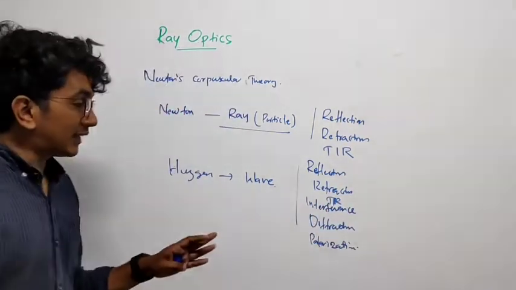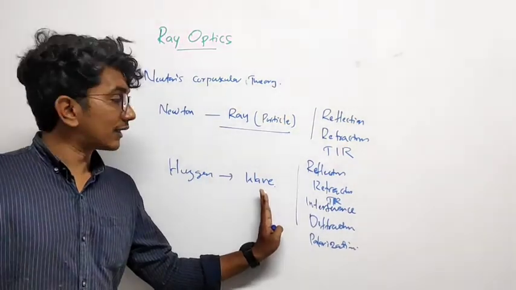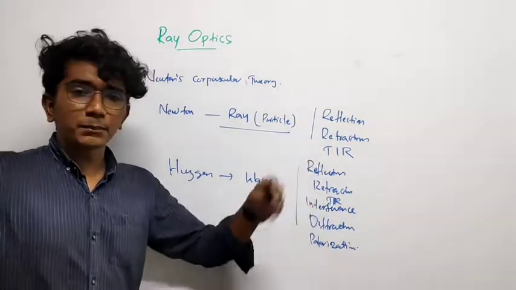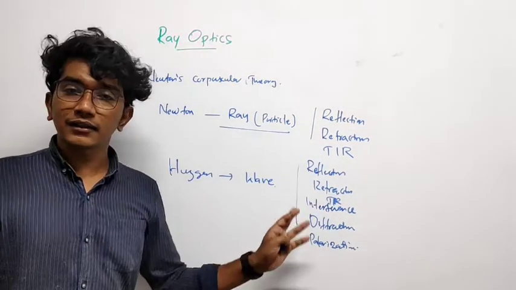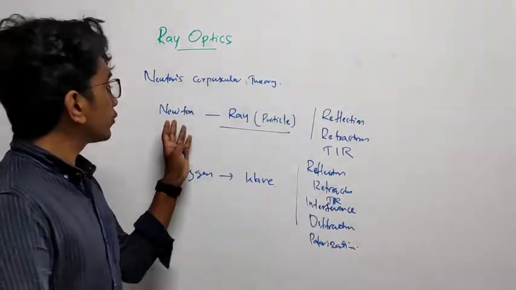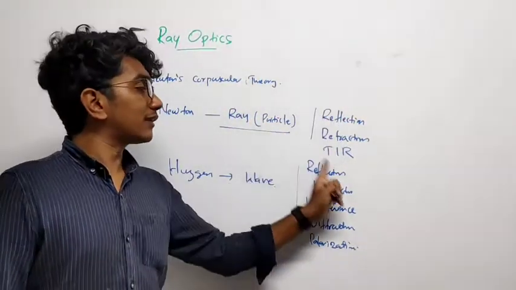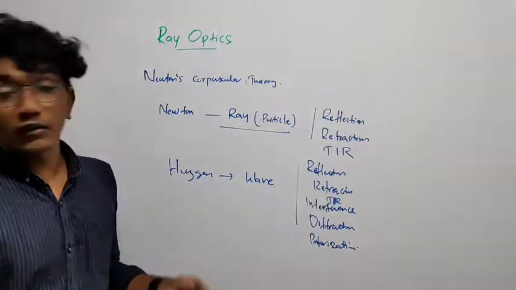So by using Huygens' wave theory, we can prove that light shows all these properties, and by using Newton's ray or particle nature of light, we can prove all this too. So which one would you prefer?